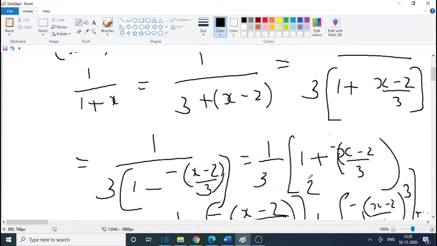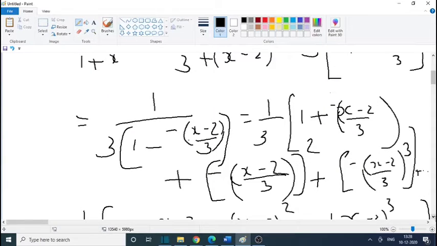So 1 by 3 into 1 plus, now we are using the formula, minus (x minus 2) by 3. The formula is 1 plus x plus x square plus etc. So plus minus of (x minus 2) by 3, plus minus of (x minus 2) by 3 all square, plus minus of (x minus 2) by 3 all cube, plus etc.